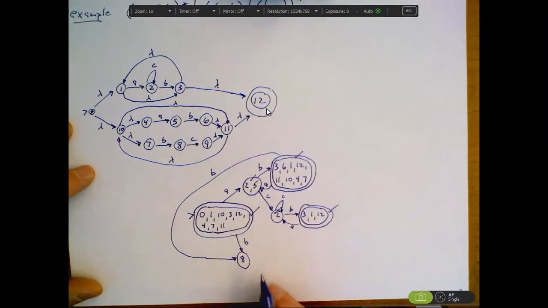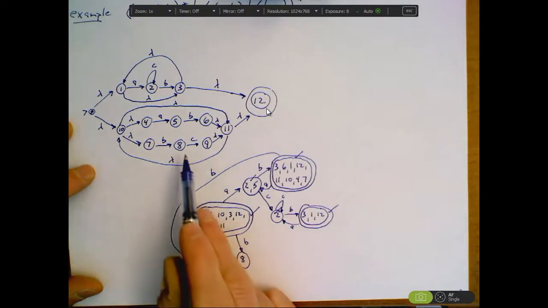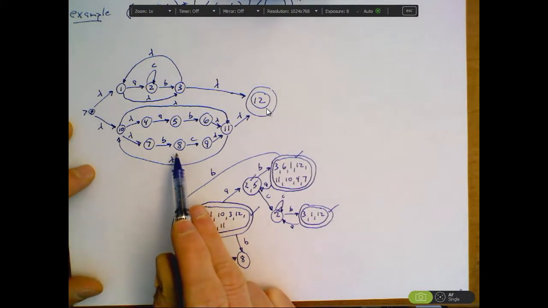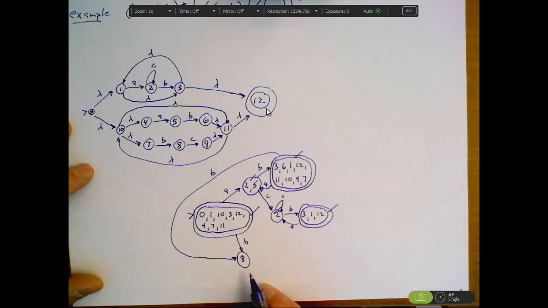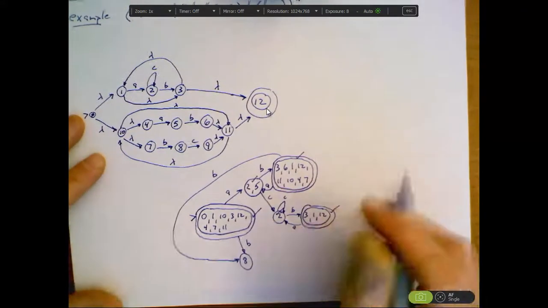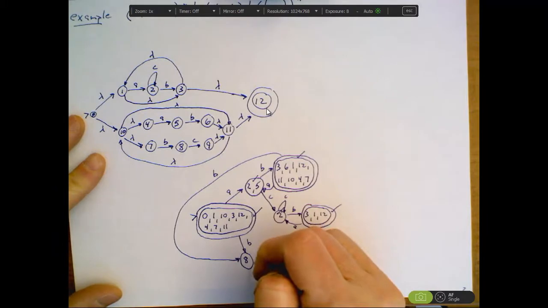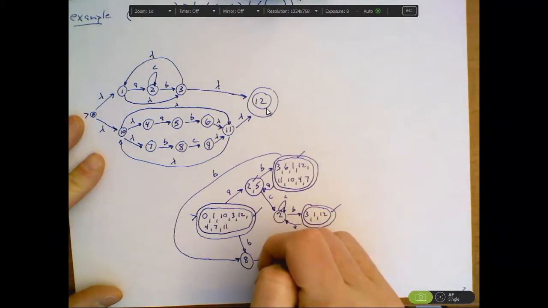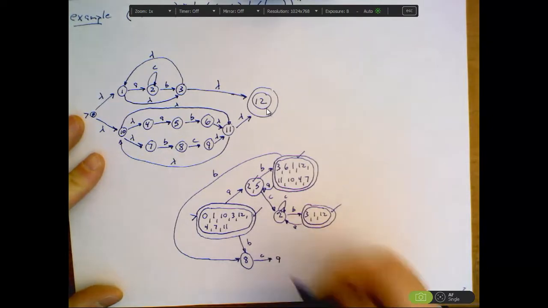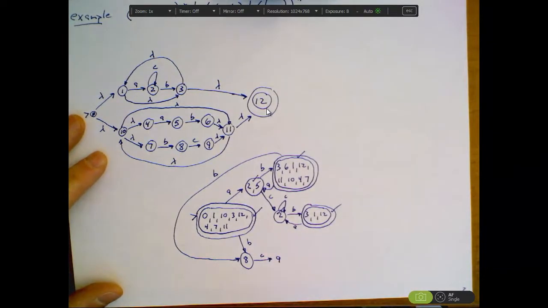So again, 8 is a single state, so I should be able to do that easily. I can sort of optimize here. I can see there's no A out of 8, there's no B out of 8, so 8 is going to go to 9 on C. Let's model that by coming out this side perhaps. I've got to do the lambda closure of 9.